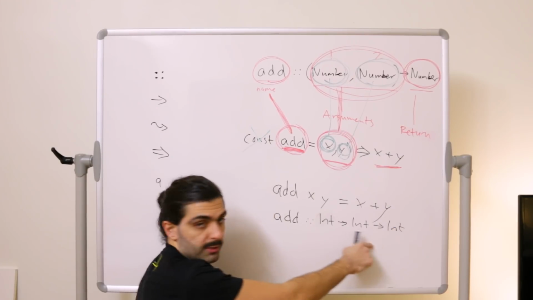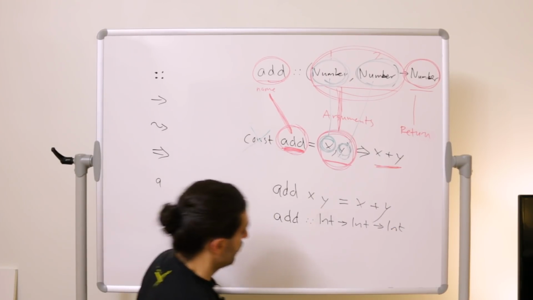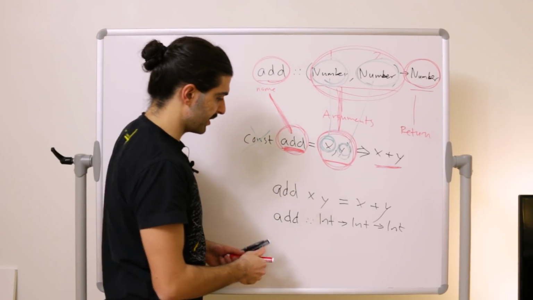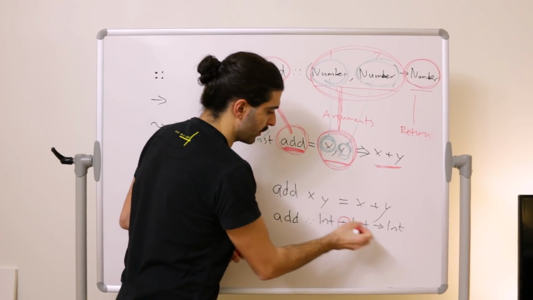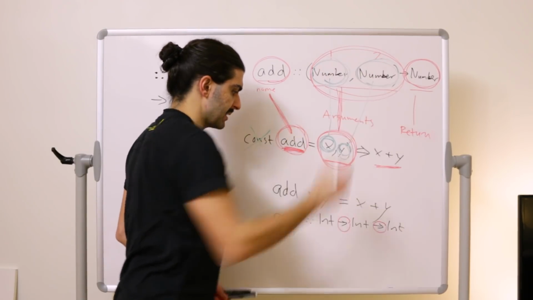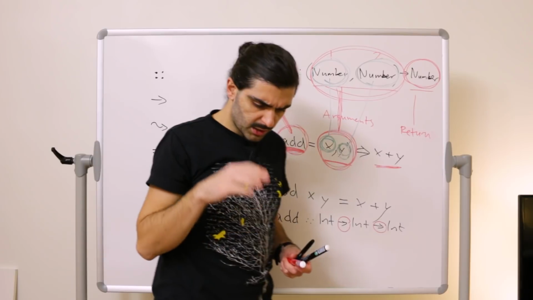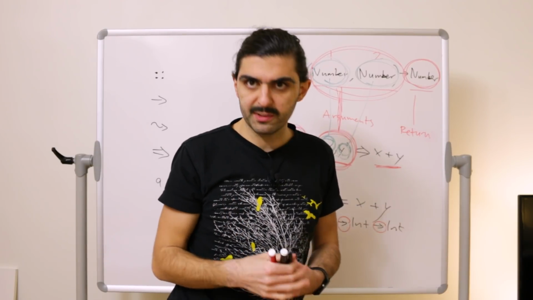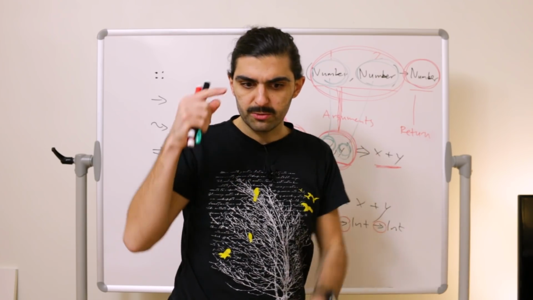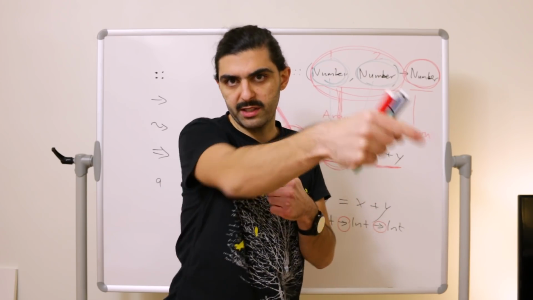So that's a curried version of the same function. I say curried because notice the reusing of the symbol arrow here, rather than having this parenthesis with 2 things. So currying is this idea of taking a multi-arity function and turning it into a series of one-arity functions, or single-arity functions.